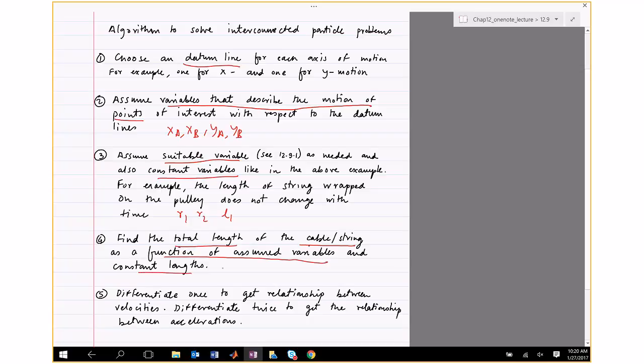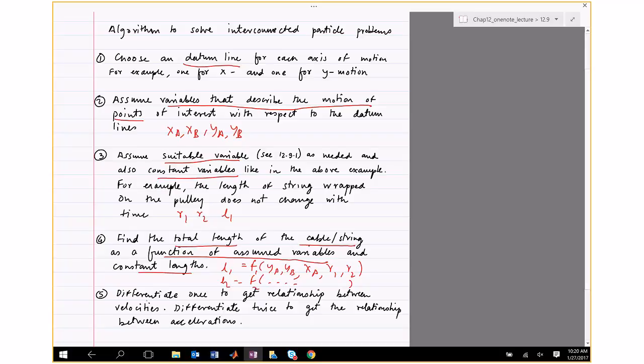So you need to find L as a function of YA, YB, XA, perhaps there'll be R1, R2, and so on. And if there's another cable, you'll have another expression, L2 as a function of other variables. So for each cable you have, you'll have one equation.